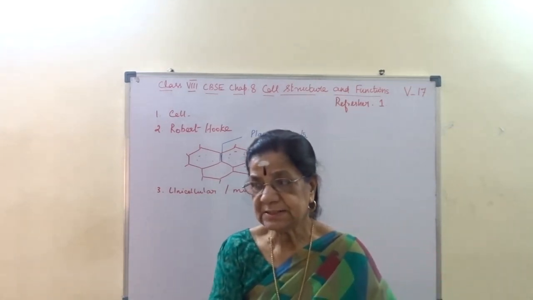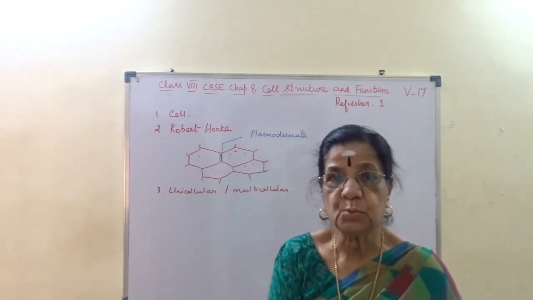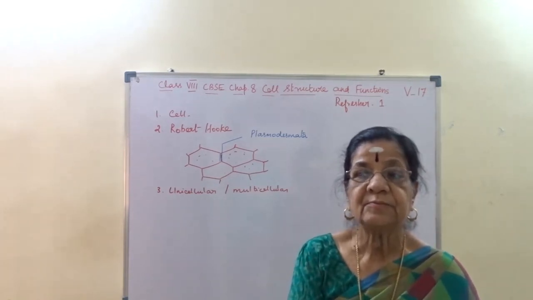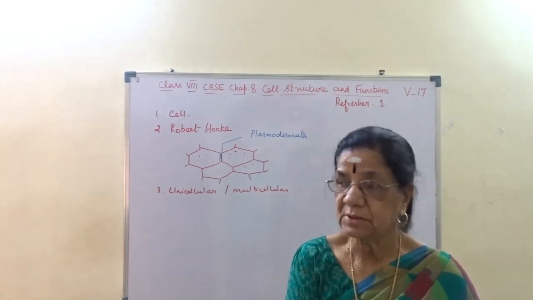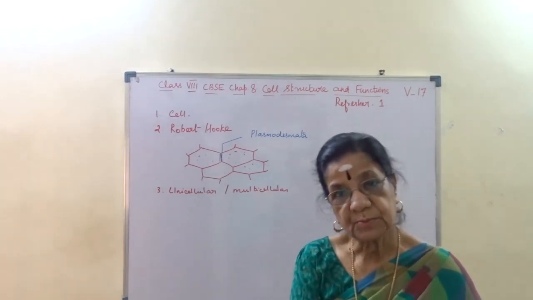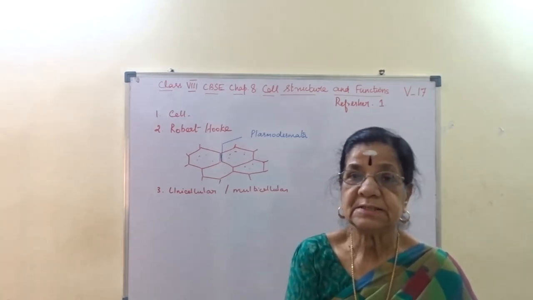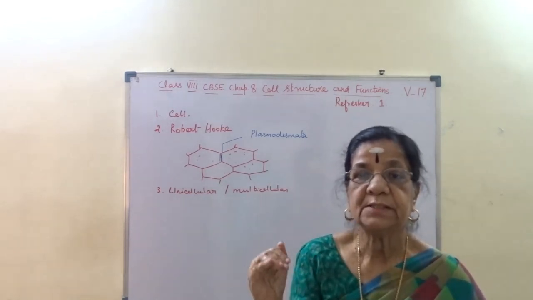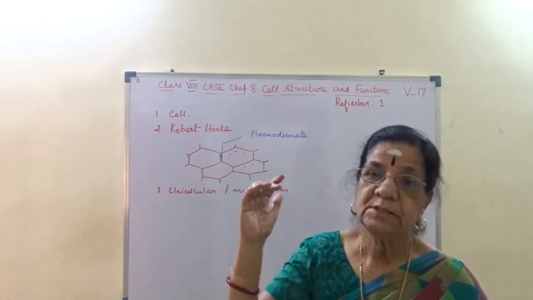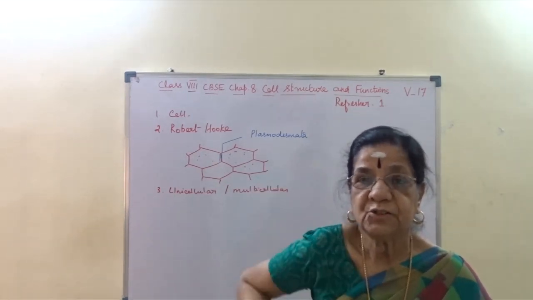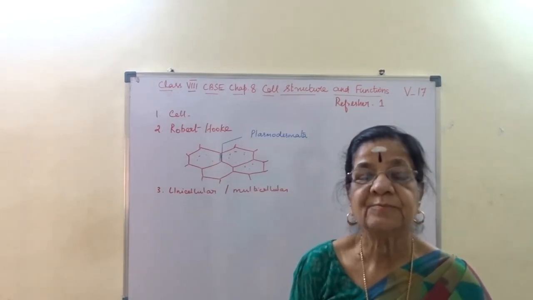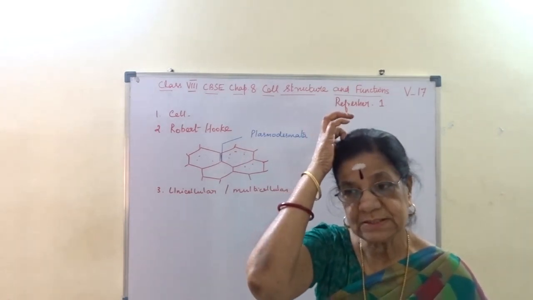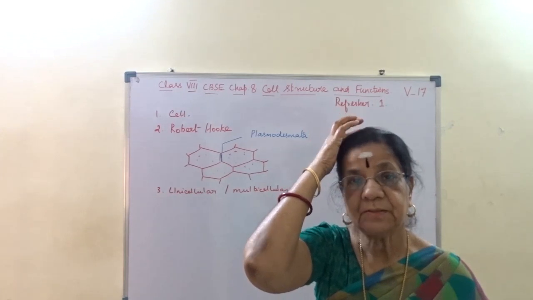Unicellular is a single cell organism, the primitive group of organisms. Above that, next higher is Hydra, phylum Coelenterata, starting with a two-layered structure, and then further higher animals have a three-layered structure. They are multicellular.